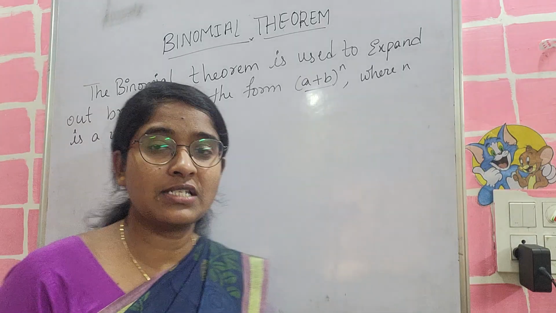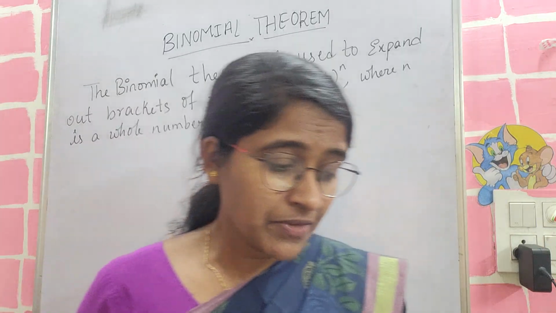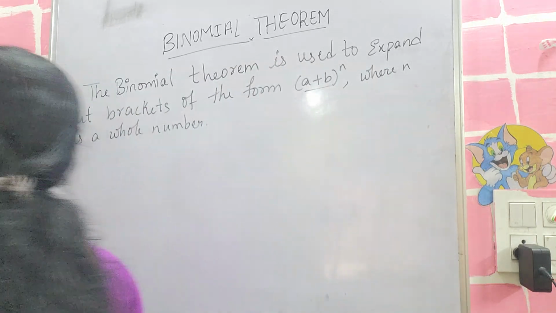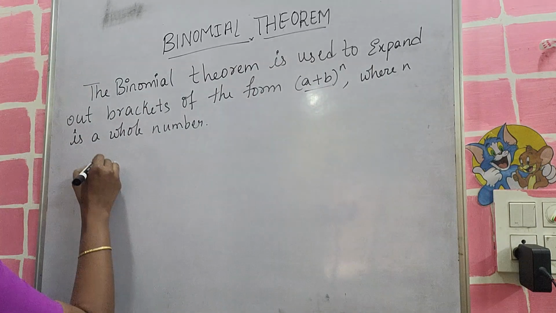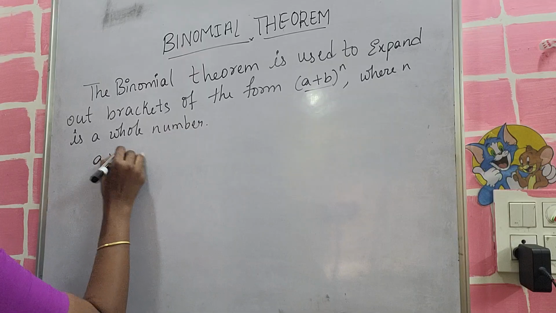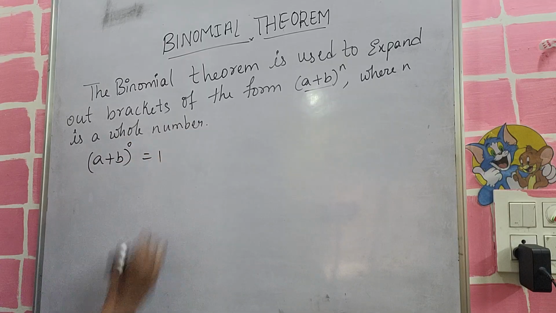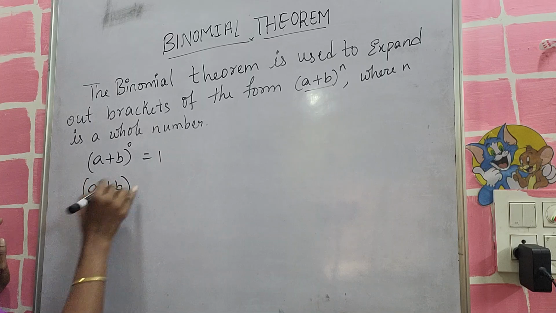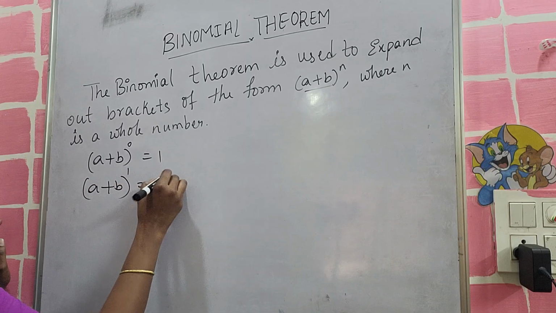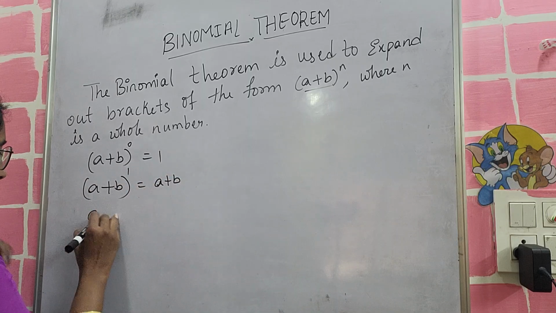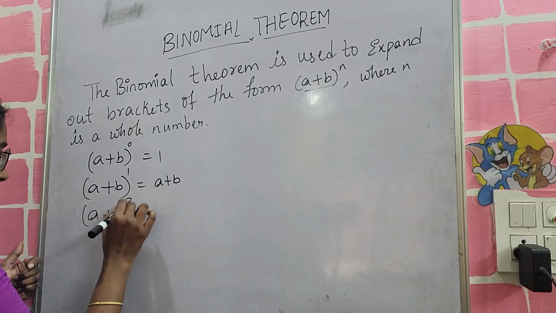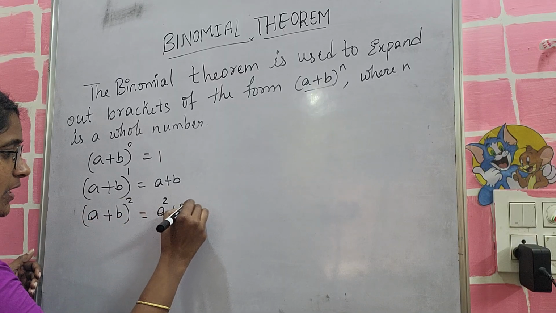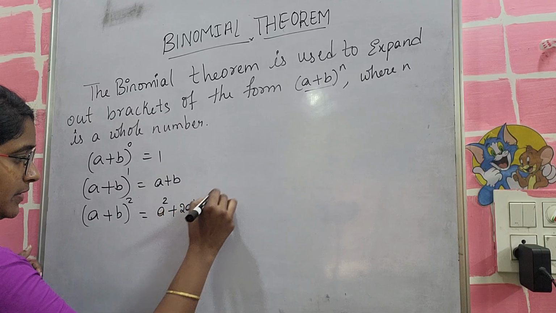So why is this chapter introduced? Suppose you know (a + b) to the power 0 is 1. If I take (a + b) to the power 1, then your answer is a + b, right? Then if I take (a + b) whole square, what is your answer? a² + 2ab + b², right?